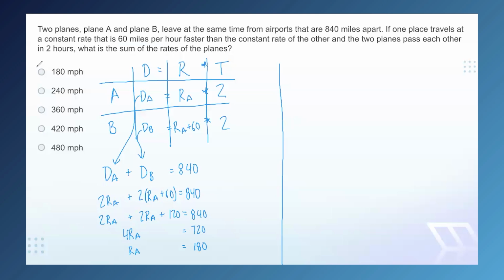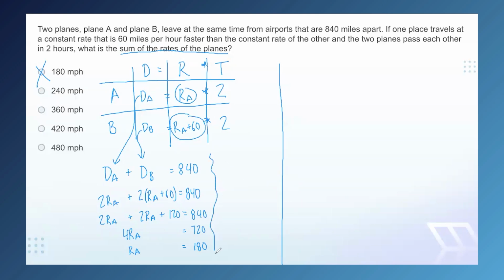But that is not the answer. We are not solving for the rate of A. We are solving for the sum of the rates of the planes. Careful. So we are looking for r sub A plus r sub A plus 60.